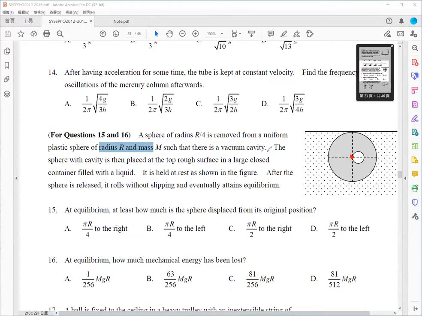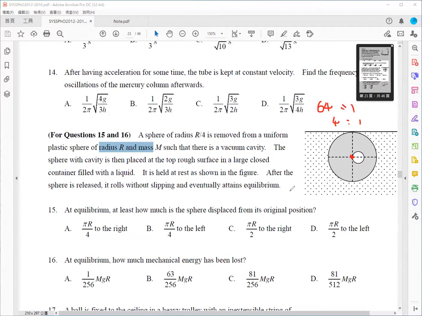To find the center of mass, you know the ratio of the radii is 4 to 1. So the volume will be 4 cubed to 1 cubed, that is 64 to 1.